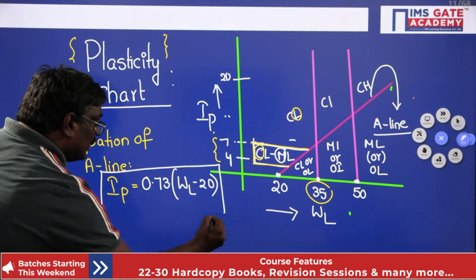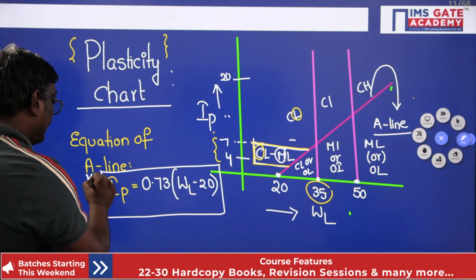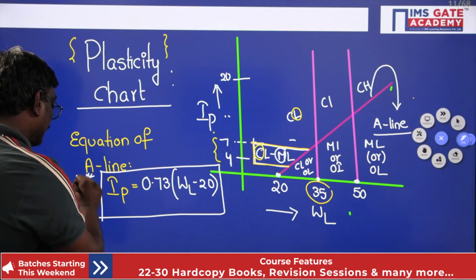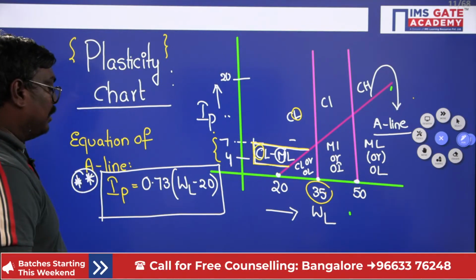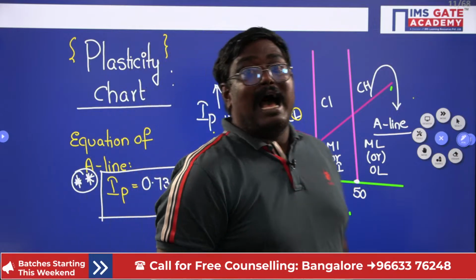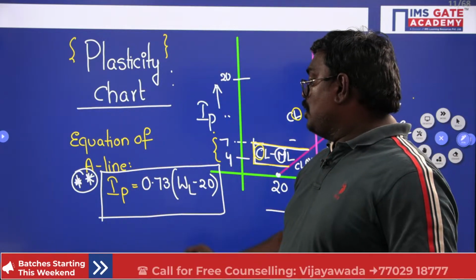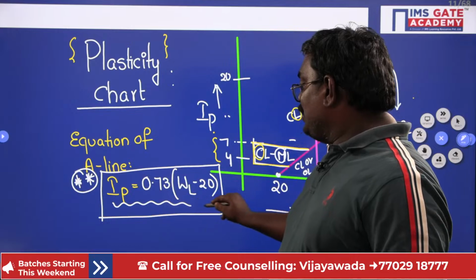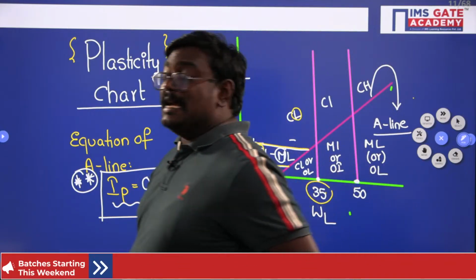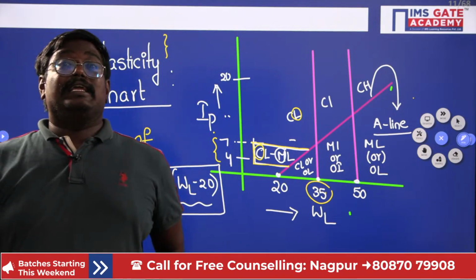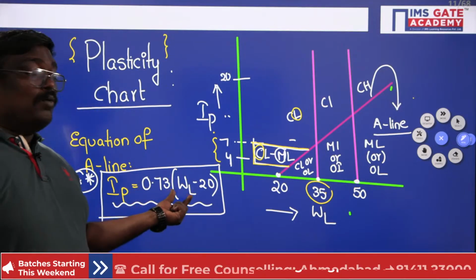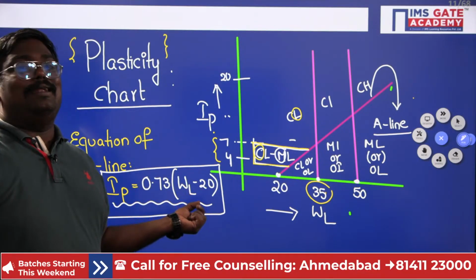This is the equation of the A line and a very important objective question in competitive exams. What is IP? IP is given by 0.73 into (WL minus 20), where WL is the liquid limit.